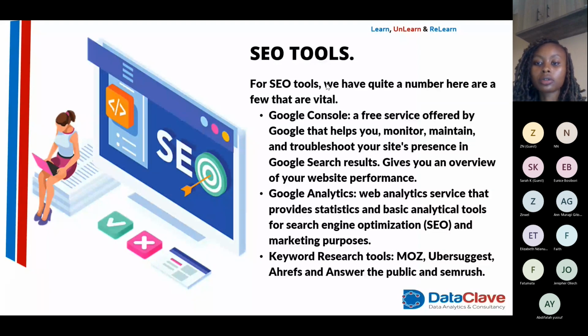They all offer keyword research, but they differ. For example, Ahrefs offers keyword research, and it also offers competitor analysis and helps you understand the kind of keywords your competitors are using. There are very many keyword research tools. It's for you to go and Google them and understand which one will help you in what SEO effort. Those are the three main tools.